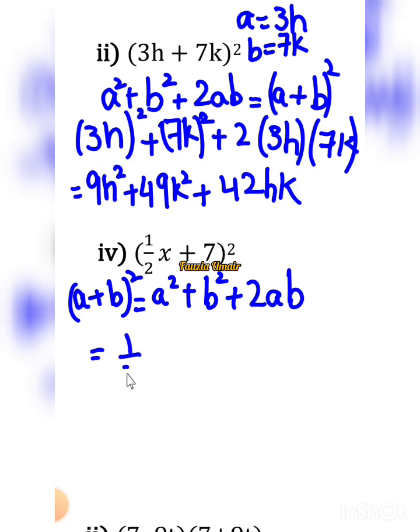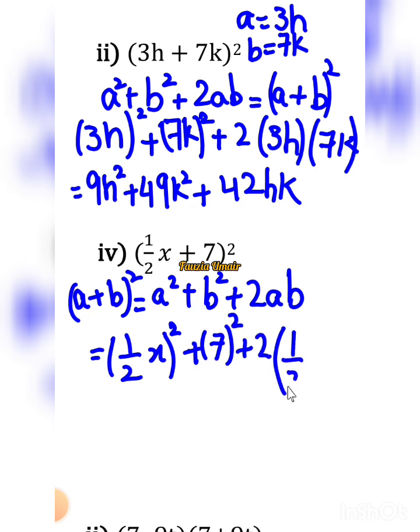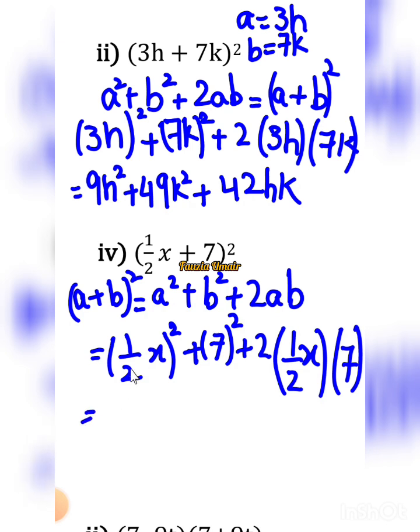So (1/2 x) whole square, because this is your a, and your b is 7, so plus 7 square plus 2 into 1 by 2x into 7. So now this is very important. So you know 1 square is 1.